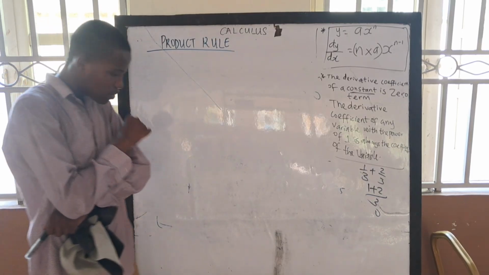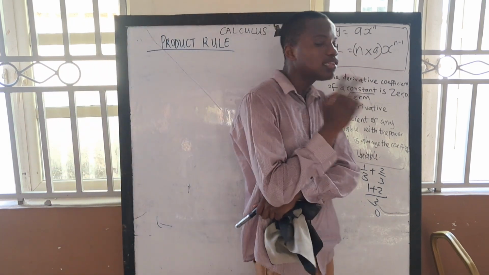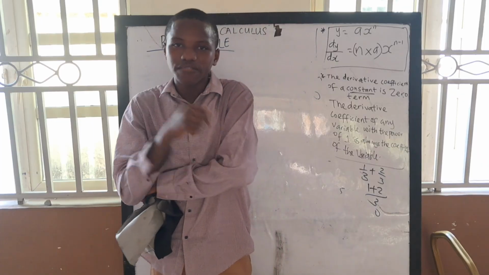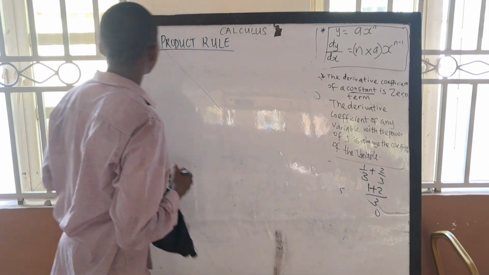Now, if y is a function of x, and x is the product of u and v, what do I mean?